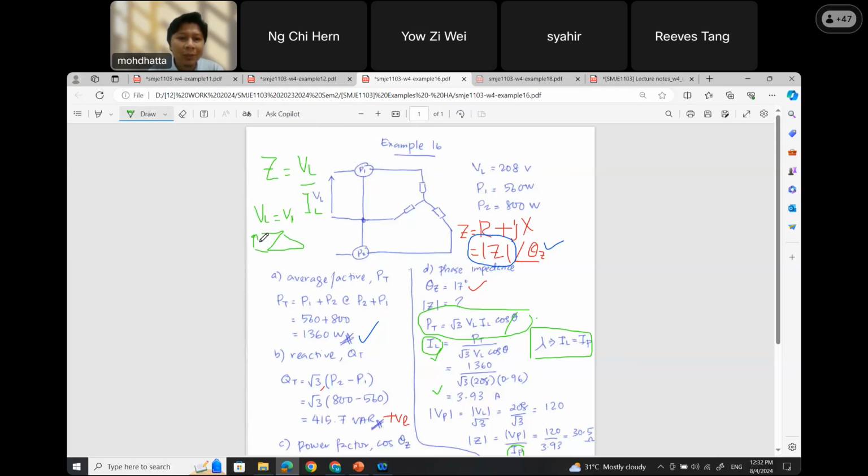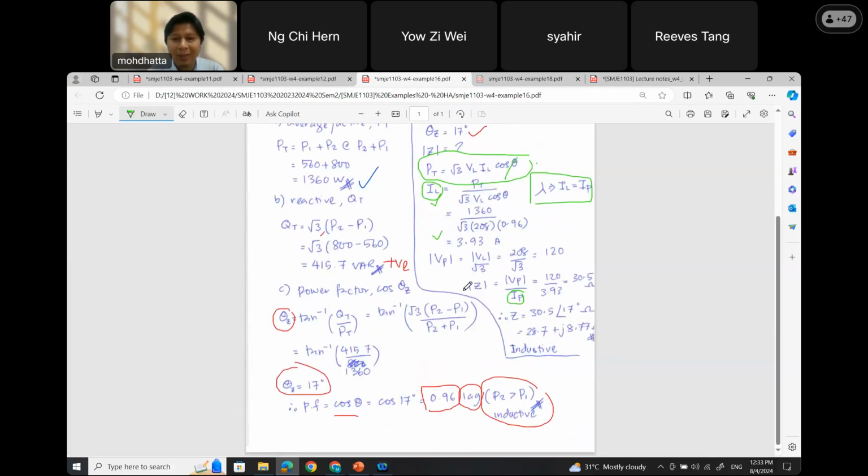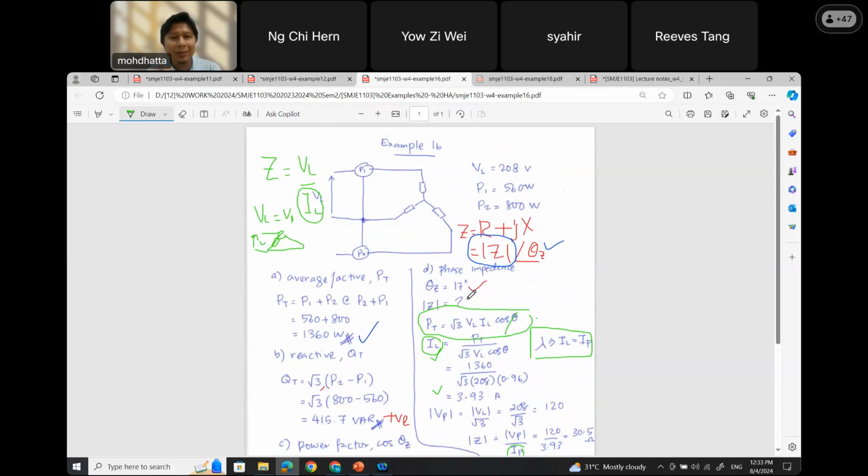The voltage across here is equal to the voltage across this element over here. But the I line that we have over here is not the current flowing through this phase. So we cannot get our Z for each phase by using this equation. What you need to do is divide this line current by square root of 3. Then you can use it.